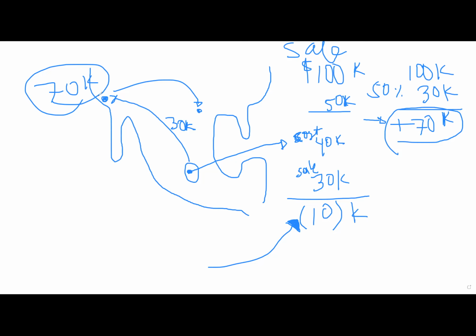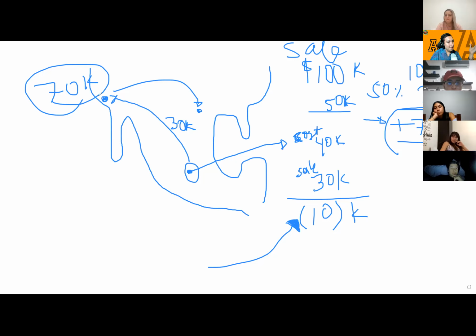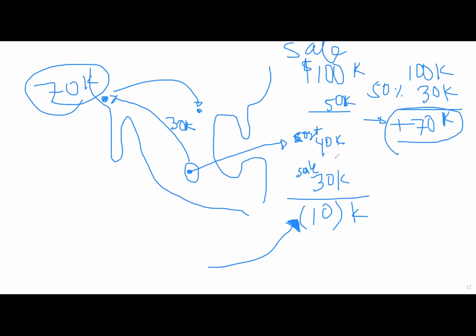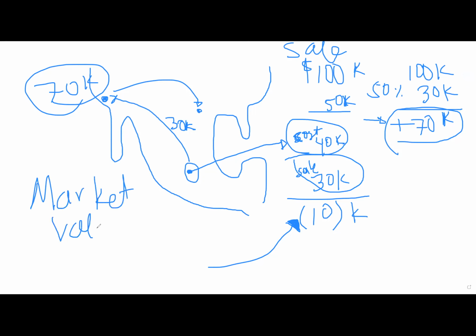Well, the governments are not stupid. They obviously realize this type of operation. That's why they use transfer pricing. Transfer pricing consists of, rather than selling at cost or below cost, using the market value. So the government tells you, I don't care, it costs you 40K.